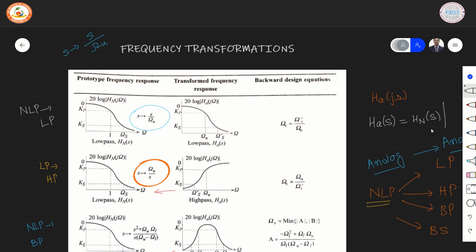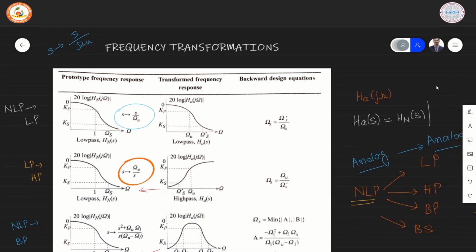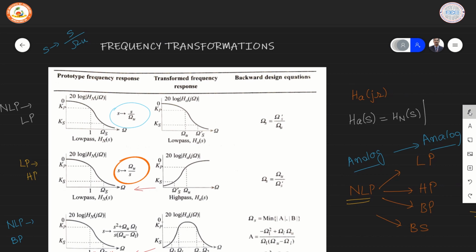And the substitution is of the nature that s should be changed to s divided by omega u. So this is referred to as the low pass to low pass transformation.